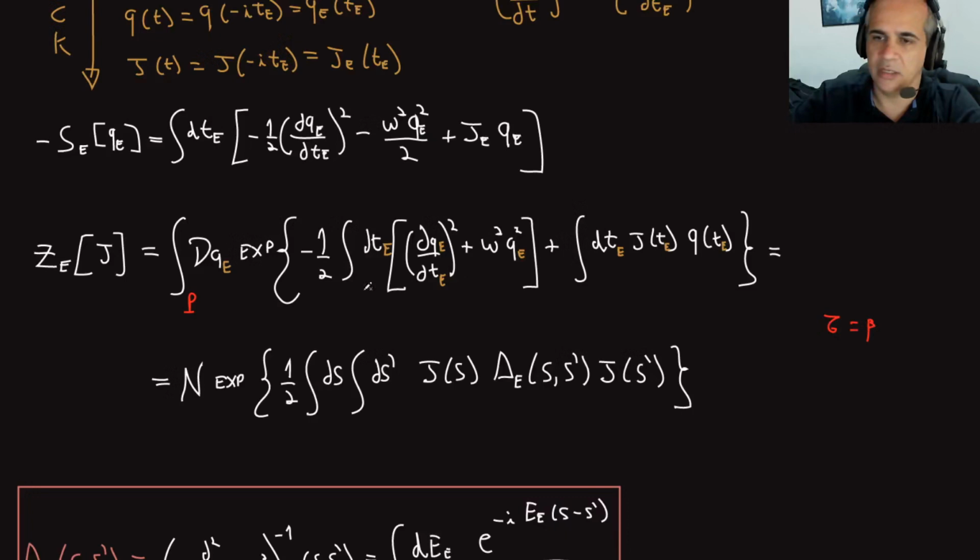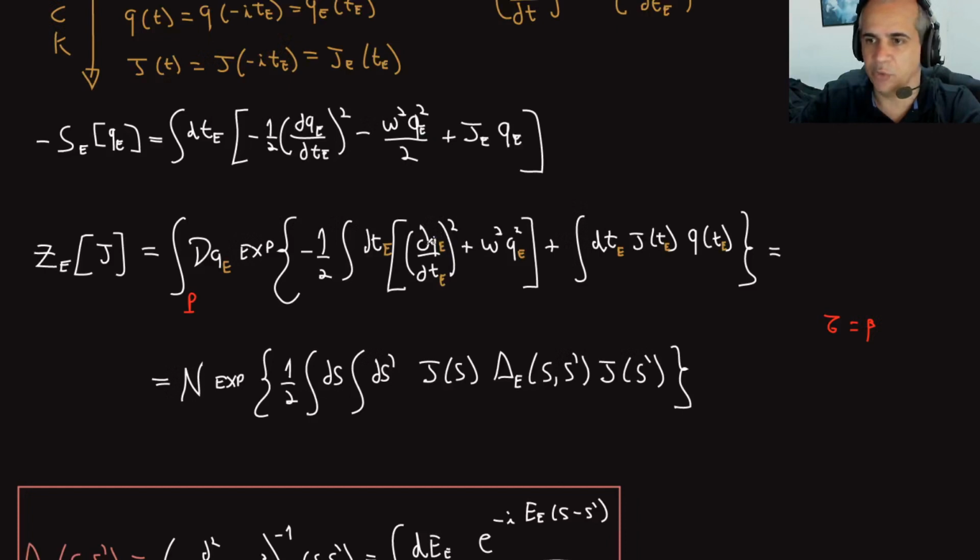And I'll suppress the Euclidean notation from down here because it's too cumbersome. And what do I have to do to get the answer to this path integral? I have to do integration by parts here and get the operator, right?